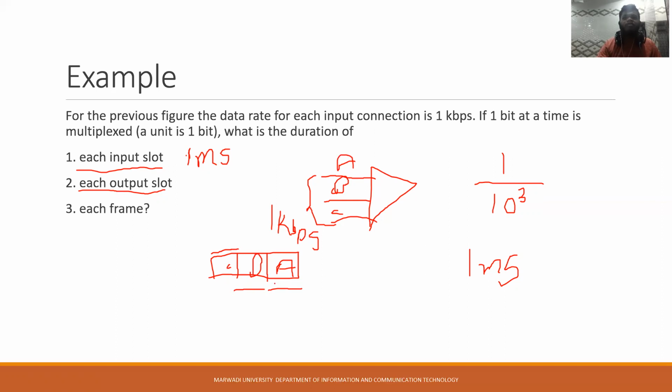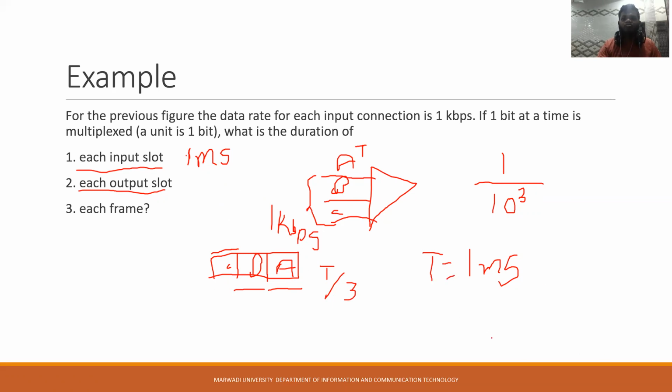So if we find a duration of only one slot, we will get the answer for the rest of the two also. So like we saw, if we are having t seconds for here, then this would be t divided by 3. So in our case, t equals 1 millisecond.